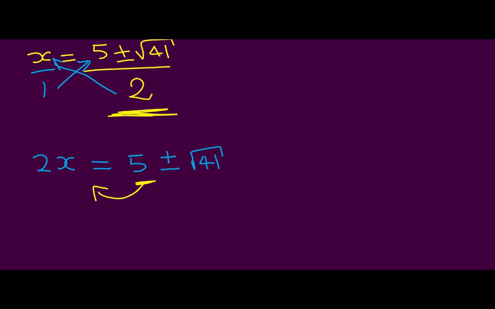So we're going to have 2x - 5, since it was a plus, equals ±√41. This was a square root. I hope it was clear. It was a square root here. I hope it's clear, right?